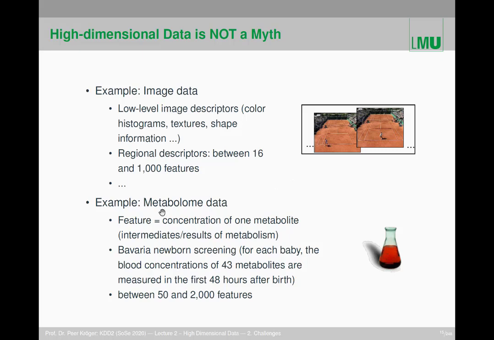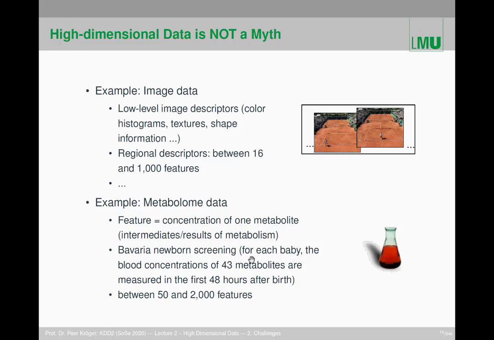Another example we actually worked with 10 or 20 years ago is data from a medicine application, metabolome data. The features are the concentration of one specific metabolite in the body or in the blood of a patient, intermediates or results of metabolisms. We worked for the Bavarian newborn screening.